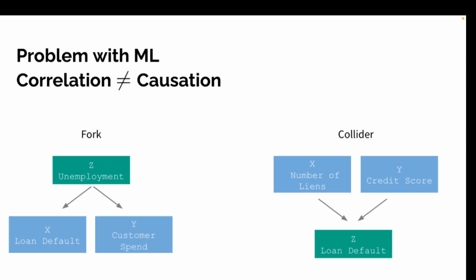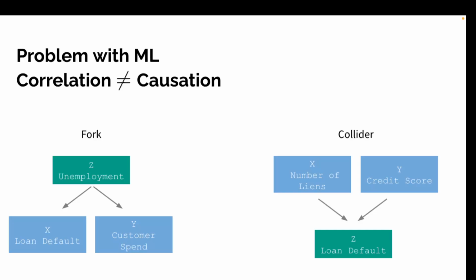It doesn't have to be these variables, right? So unemployment can affect whether you pay your loan or not, and it can also affect how much you spend, right? It's very simple. And in case of collider, you have x and y, and they both influence z. That's the structure. That's it. The definition of two different DAGs, the simplest DAGs, I would say.